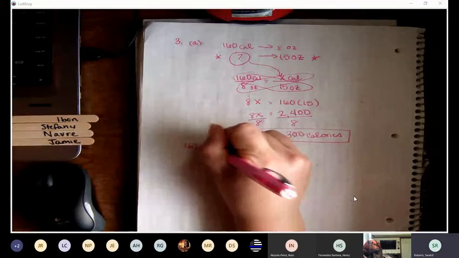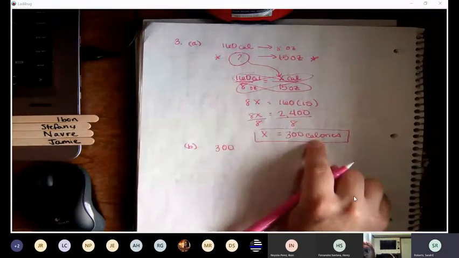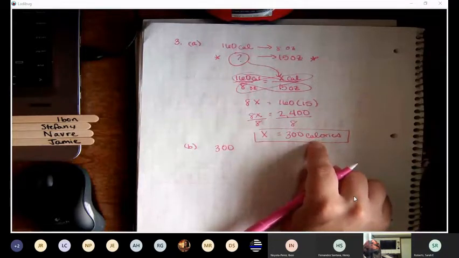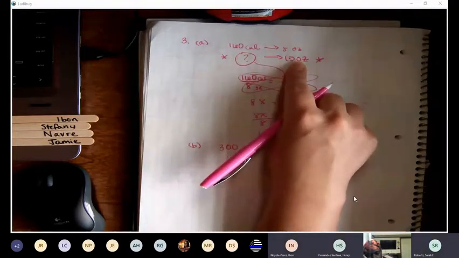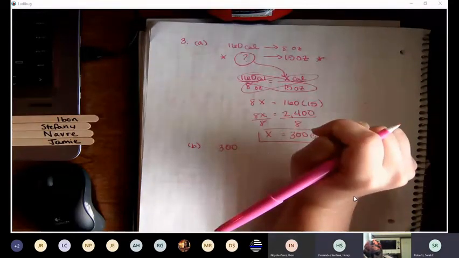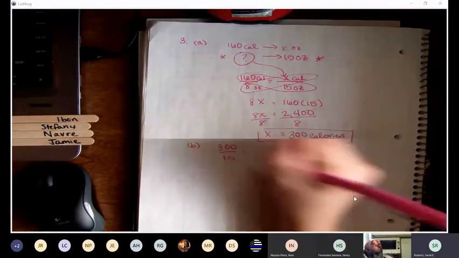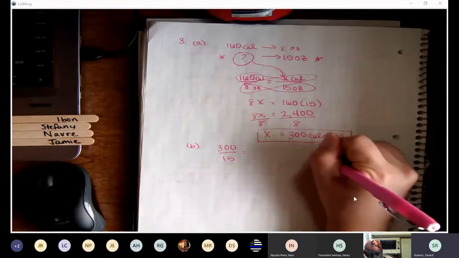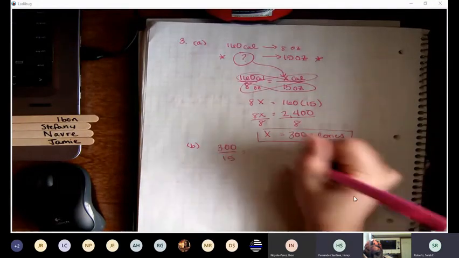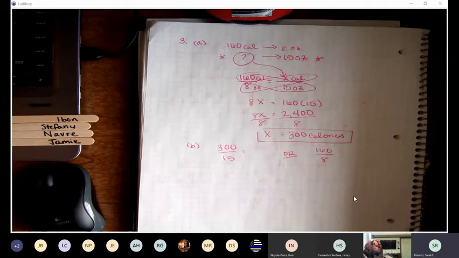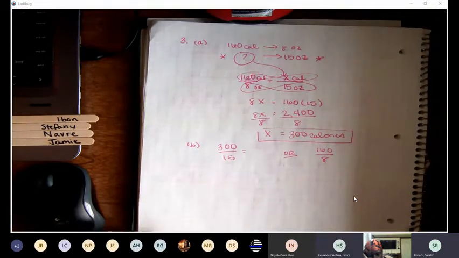So we could take 300 calories, and how many ounces did we use to get 300 calories? 15. And we could figure that out. You could also do 160 over 8. Okay, you could do either one of those, and they should give you the same answer. So when we take 300 and we divide by 15, what should we get?